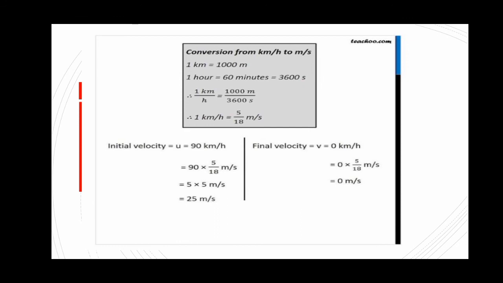So 1 kilometer per hour is equal to 1000 meter per 3600 seconds, which is equal to 5 by 18 meter per second. So multiply the initial velocity by 5 by 18, that is 90 into 5 by 18, which is equal to 25 meter per second. As final velocity is 0, it will be 0 whenever we convert it into meter per second.